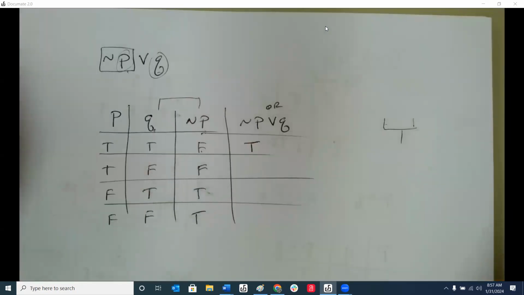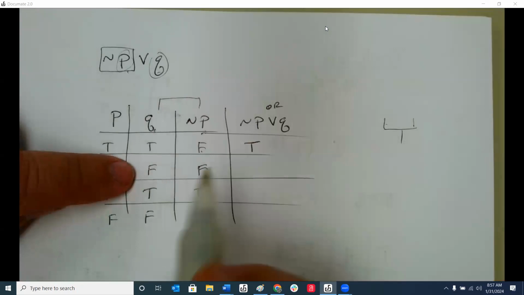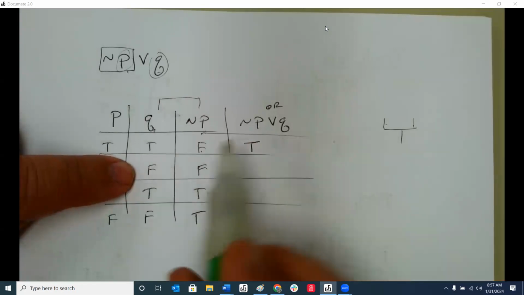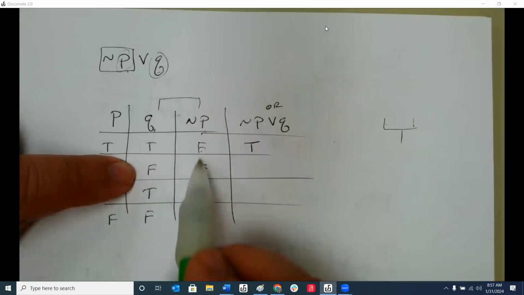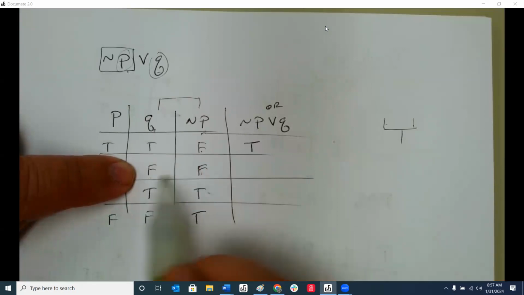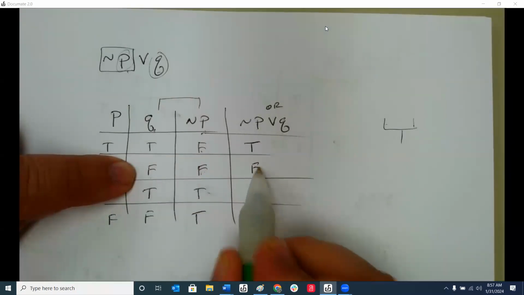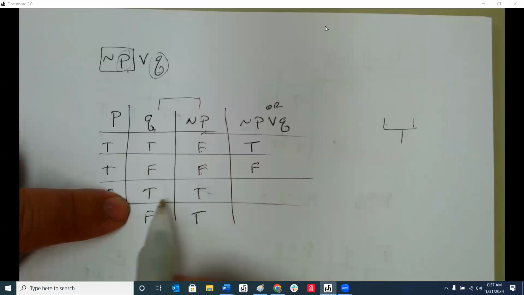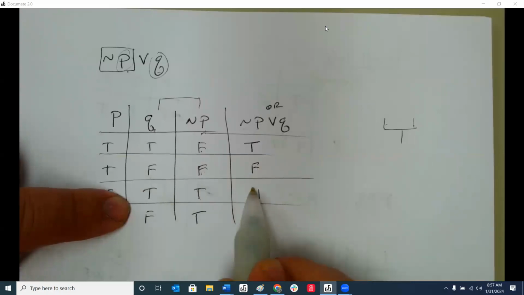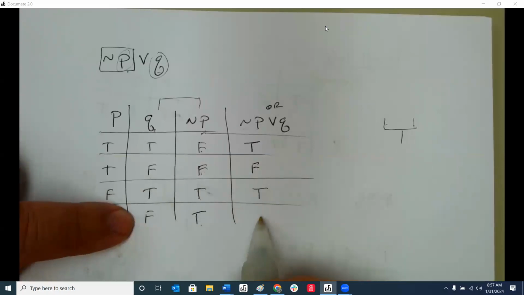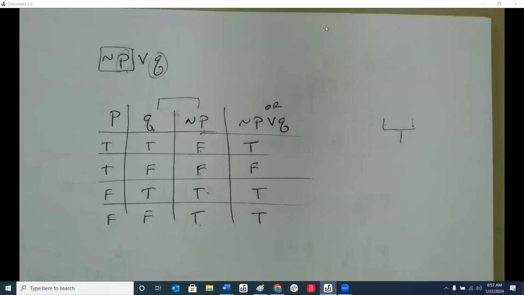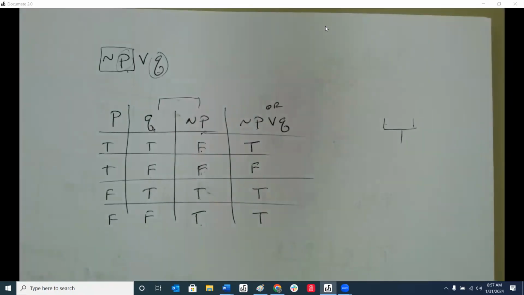It goes all the way through. Okay, the second one, not P is false. False or false is false. True or true. True or false. You have to build your equation up.